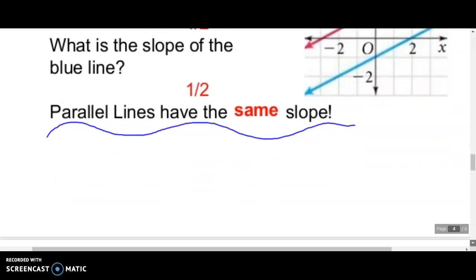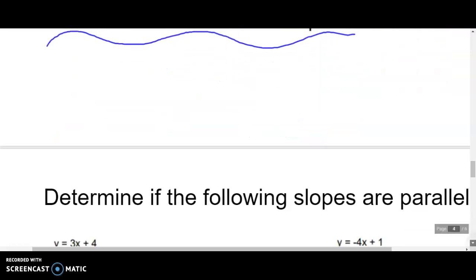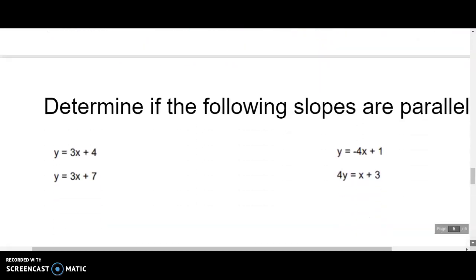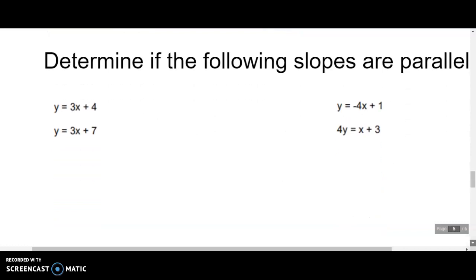So connecting what we did in the warm-up with what we just learned right now, if we want to determine if two lines are parallel, it doesn't matter about the intercept. Well, actually, the only thing that matters about the intercept is that they're different, because any two lines that have the same slope and the same intercept are the same exact line. So we're really looking for the slope.